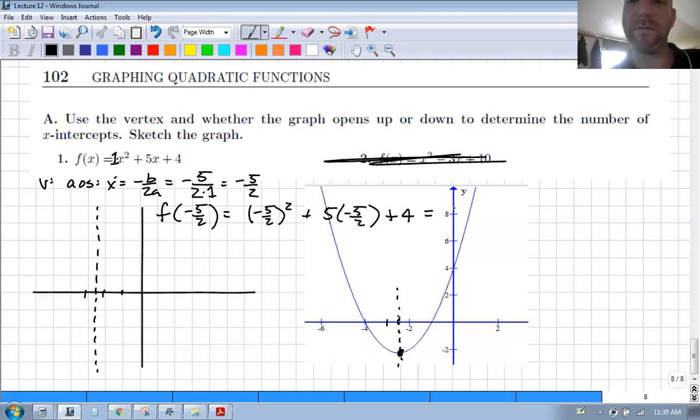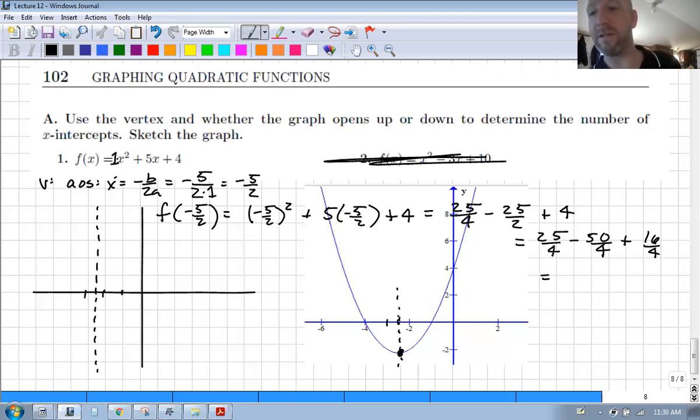So we have 25/4 minus 25/2 plus 4. Let's get a common denominator. This is 50/4, and this would be 16/4.